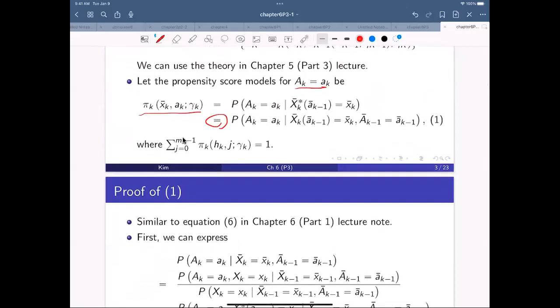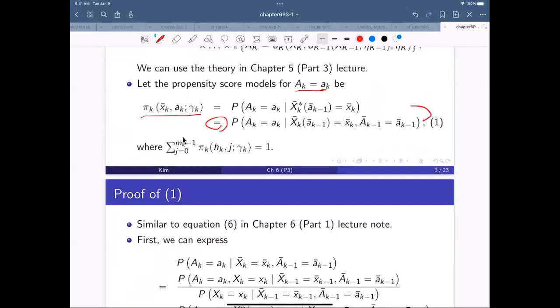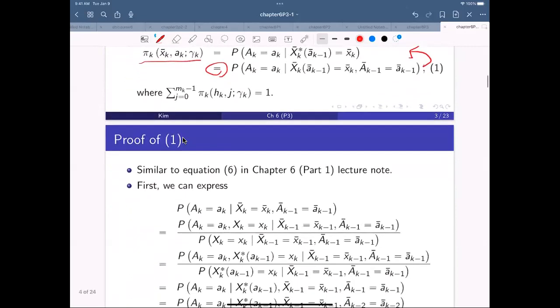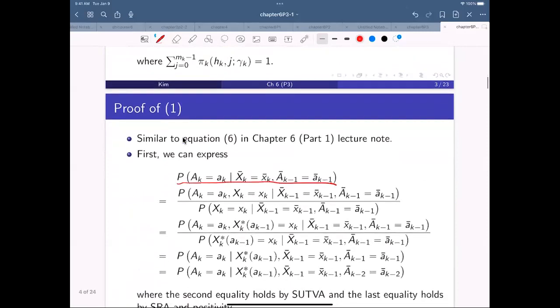The user tip is to start with the complex one and then try to simplify. So start from this one to show this one. And then we can use Bayes.